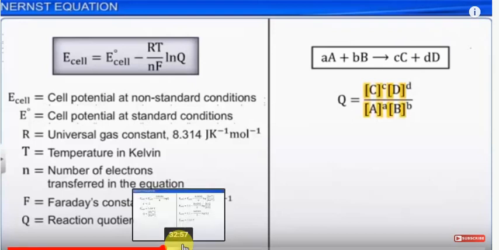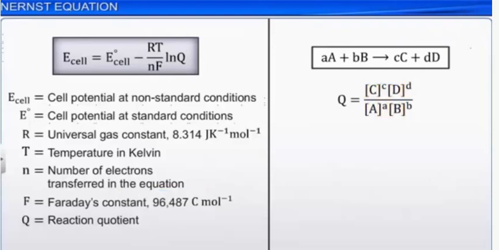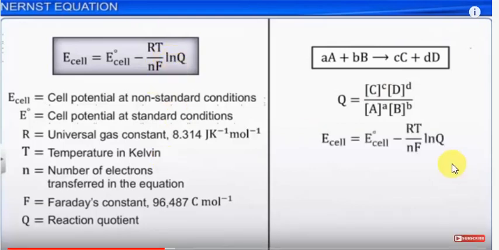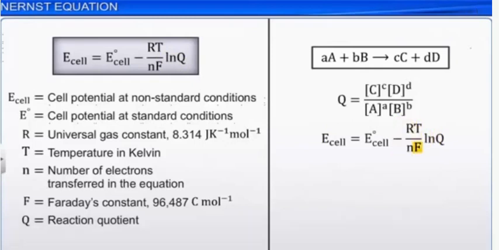Remember that concentrations of pure solids and liquids are taken as unity. By converting natural logarithm into base 10 log and substituting the values of R, F and T equal to 298, the equation can be reduced as shown here.